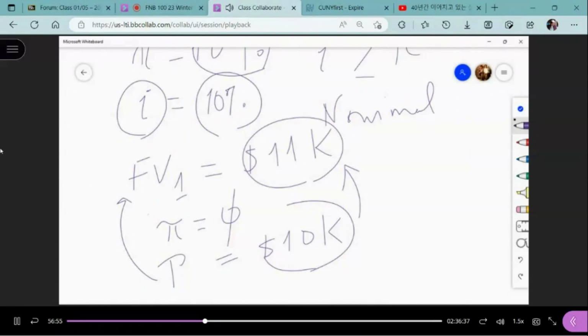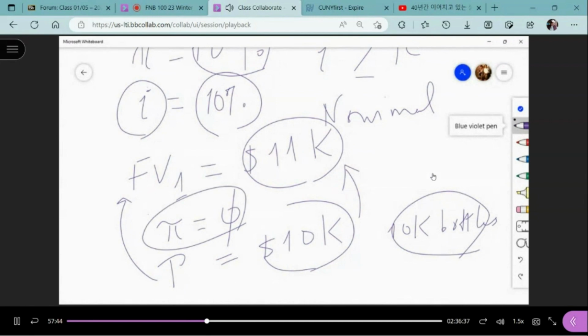Think of it this way. A year ago you had 10K, and a bottle of Coke was $1. How many bottles of Coke can you buy with 10K? Yeah, exactly, 10,000 bottles, because each bottle is $1.